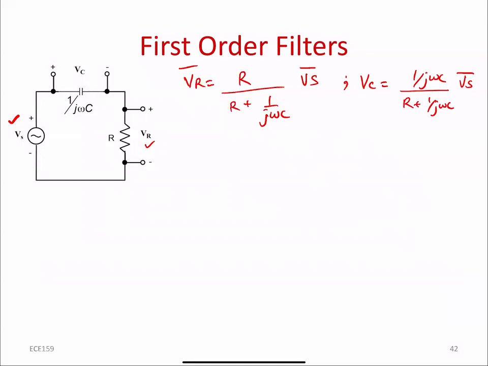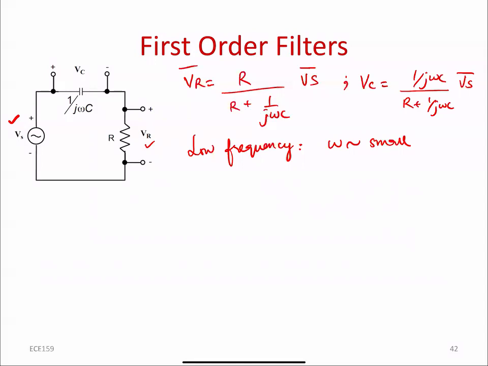So let's say we have a very low frequency, right? Which means that omega is a very small quantity. Omega is nothing but 2 pi f. If omega is small, then 1 over j omega c, a frequency dependent component in this circuit, is large.